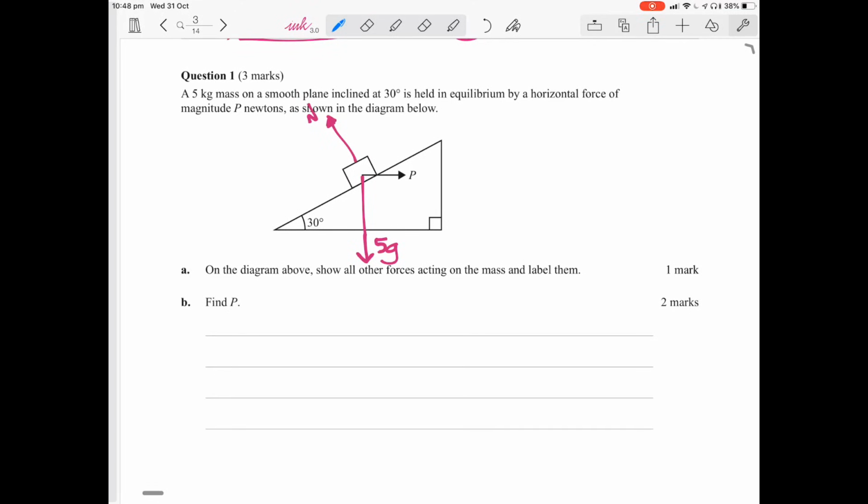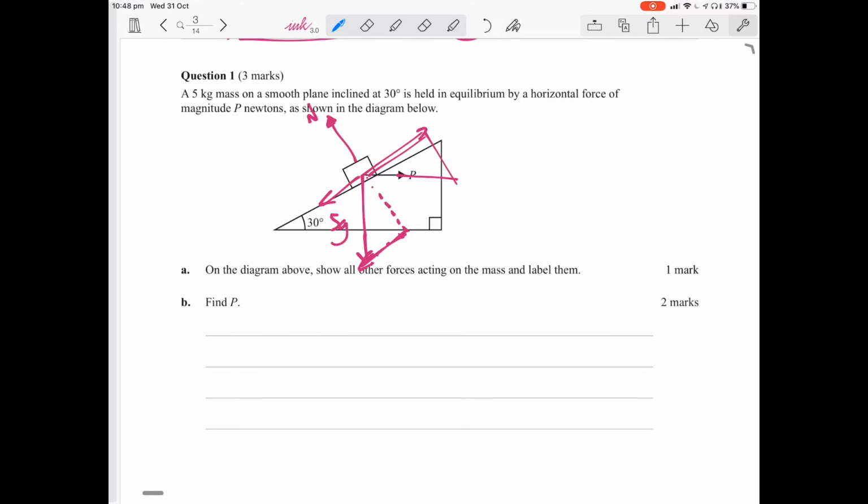So the way I solve these, I would create a triangle here. I'm going to move this 5G to the other side, just to make it easier. So 5G. So I'm going to work out that component and this component here, and they have to be in equilibrium.